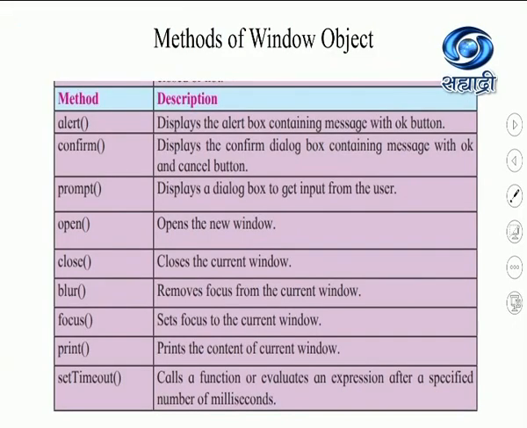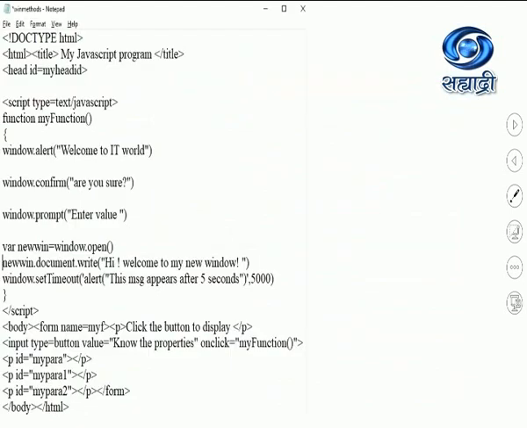So what are the methods of the window object? These are the methods of the window object: alert, confirm, prompt, open, close, blur, focus and print. Let us learn the methods by using a demo. Here is a program which shows you how alert, confirm and prompt work.